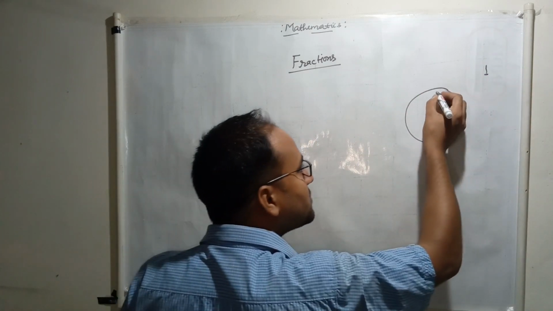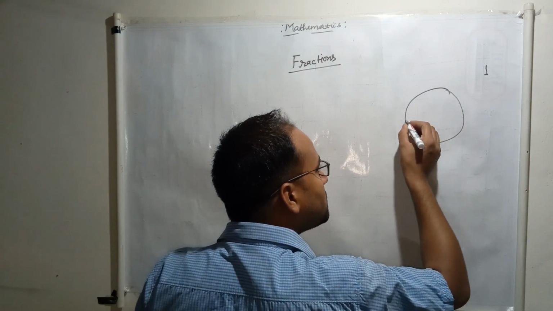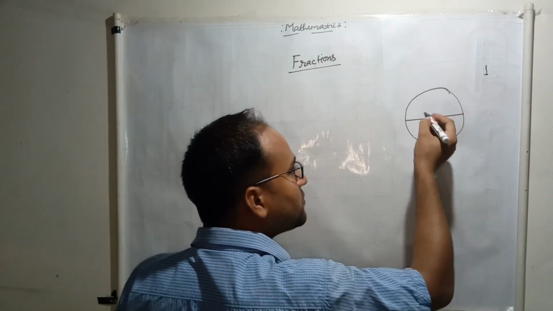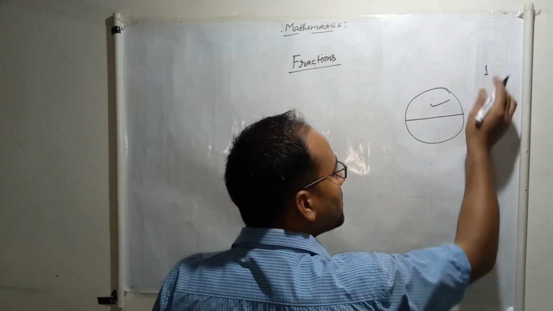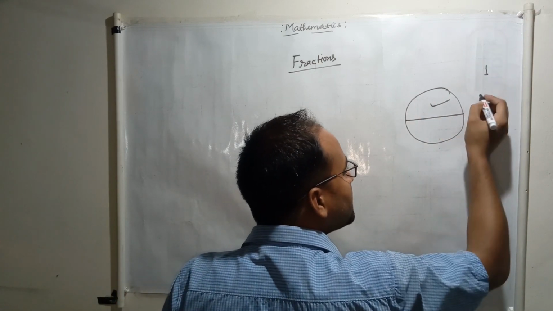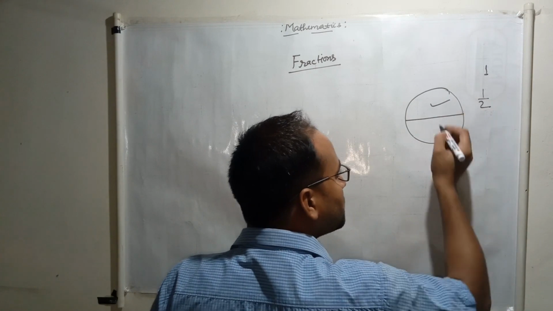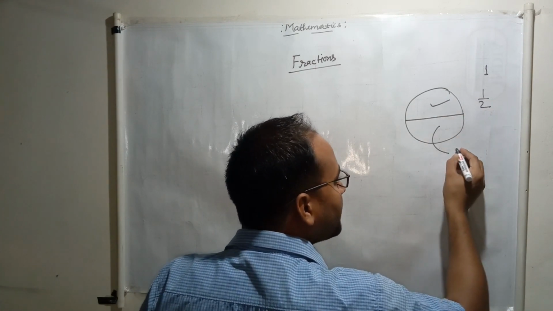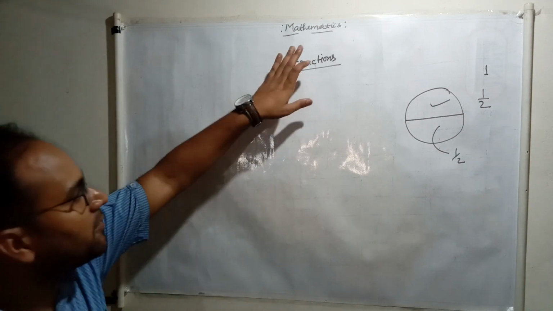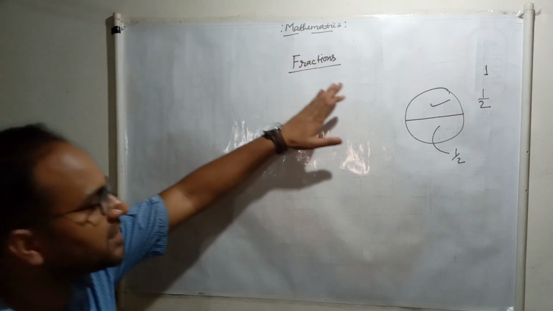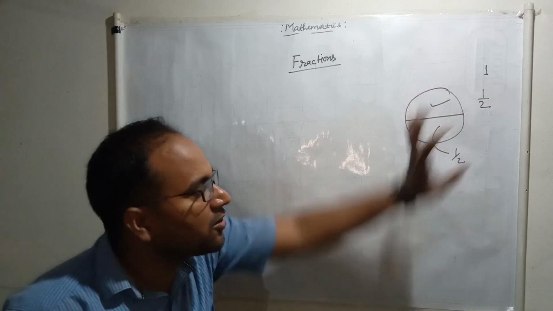If I divide it into two equal parts, can you tell what is the value of this part? Total is 1, so 1 is divided into two parts, 1 upon 2. This part represents 1 upon 2, and this one also represents 1 upon 2. So a fraction is a quantity which expresses a part of a whole.